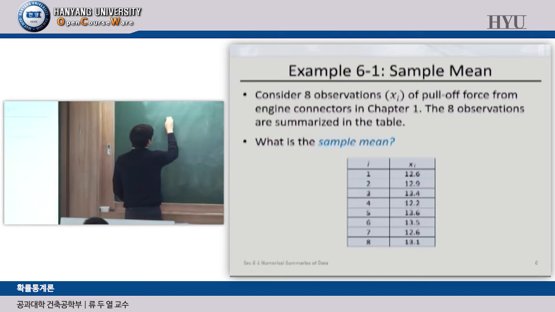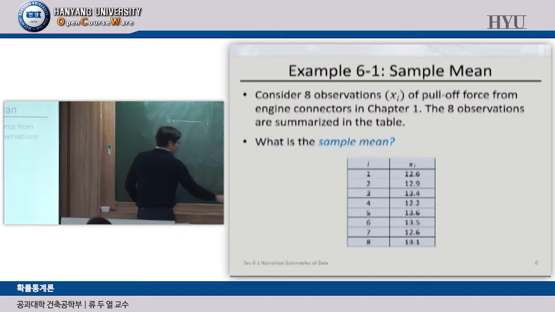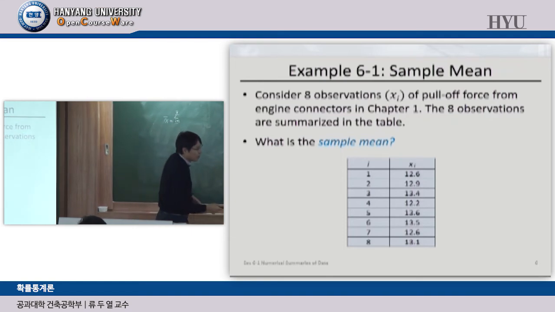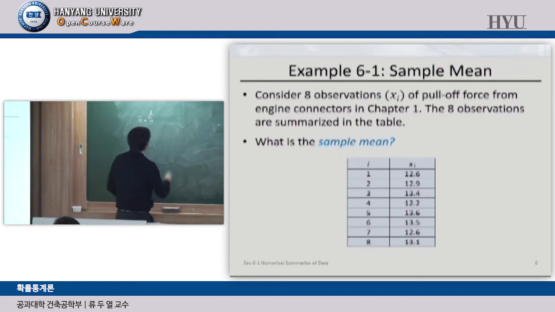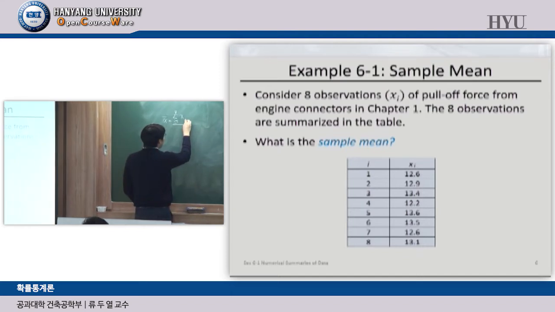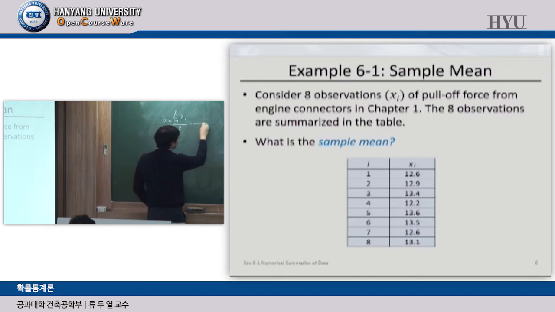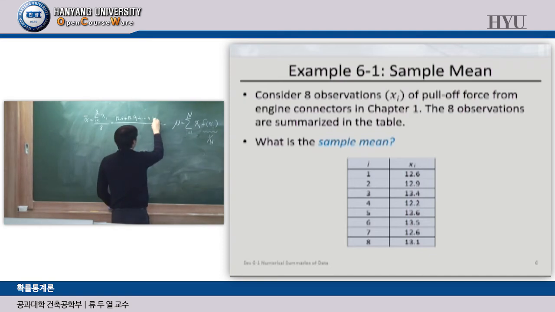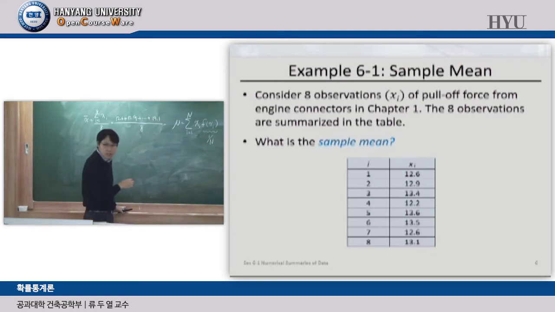For this case, the sample mean x bar is equal to the summation of i from 1 to 8, because we have 8 samples, xi over 8. So this is equal to the sum of 12.6 and 12.9, and so on, plus 13.1, over 8.